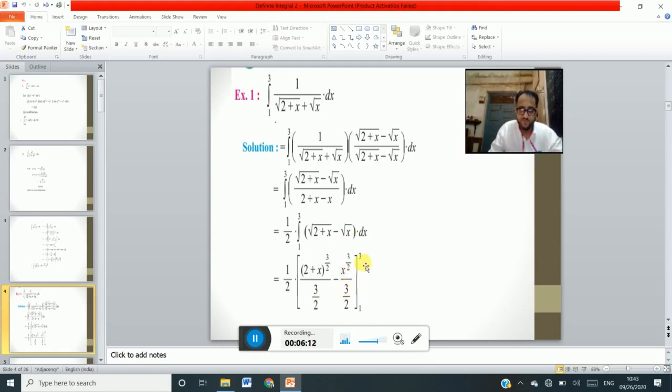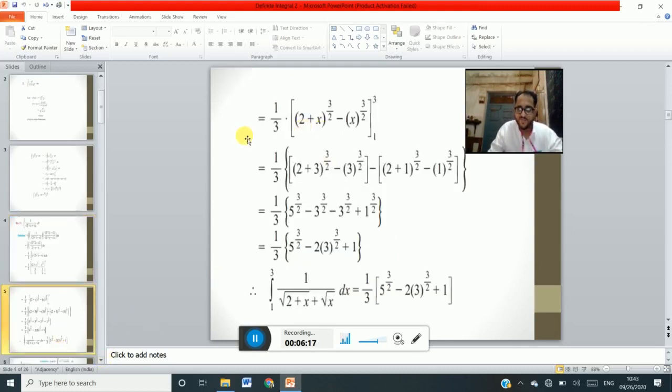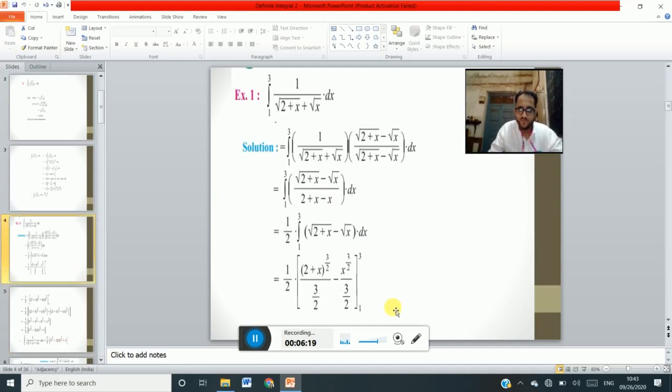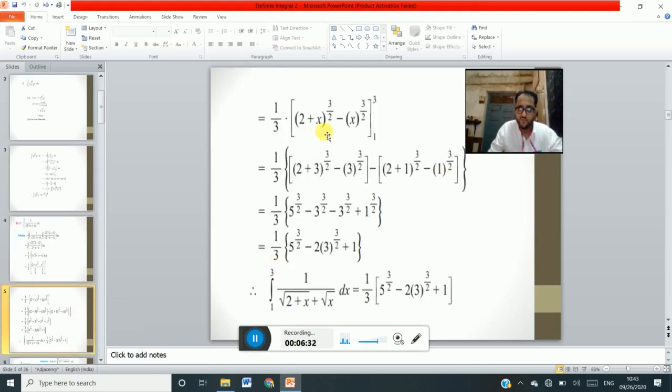Limit is from 1 to 3. Then this 1 by 3, how is 1 by 3 obtained? Because 1 upon 3 by 2 is constant in both terms, so take it outside the integral, 2 cancels and 1 by 3 is there. Okay, so 1 by 3 into (2 plus x) to the power 3 by 2 minus x to the power 3 by 2, limit is from 1 to 3.